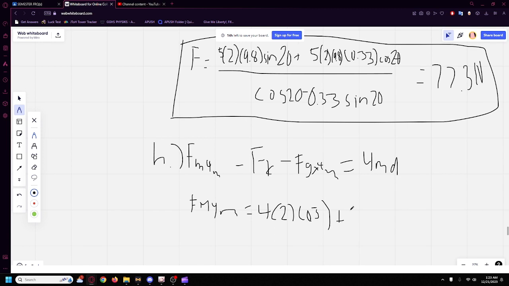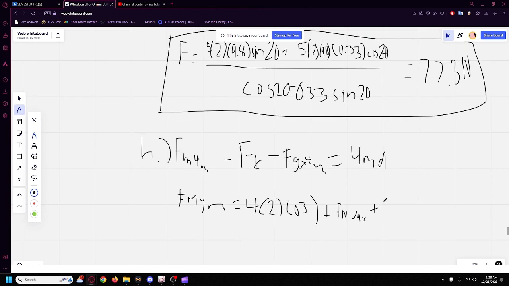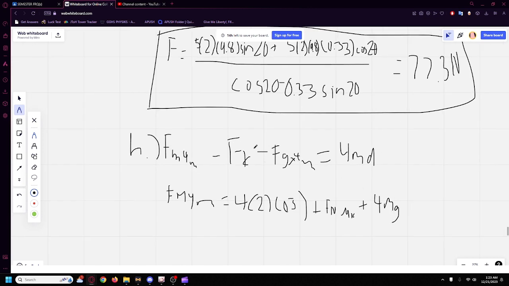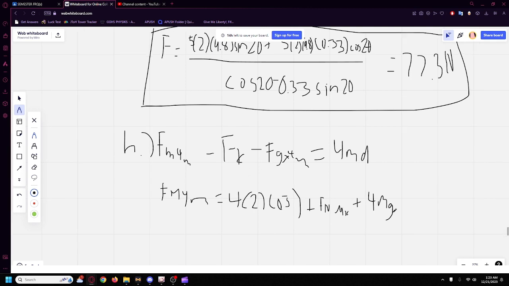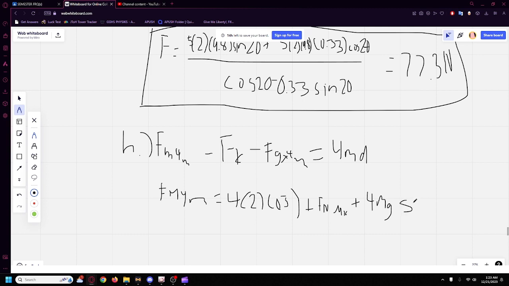F_k is the same thing as F_N mu_k. F_gx is the same as 4mg times sine of 20.